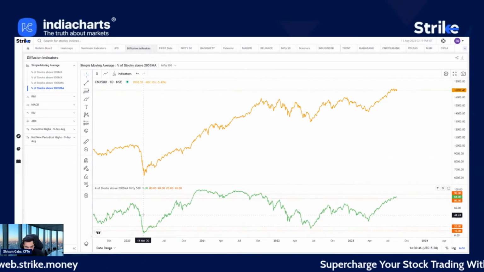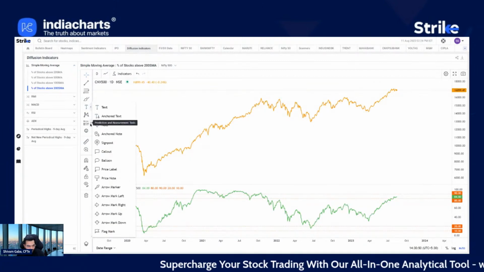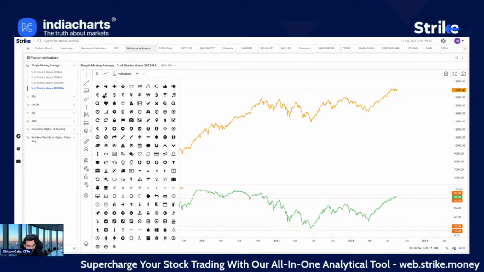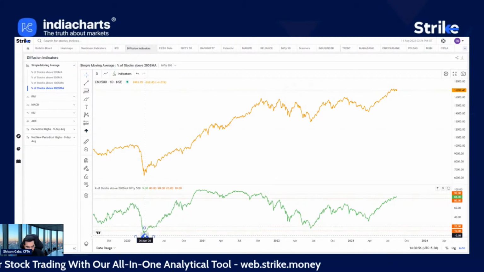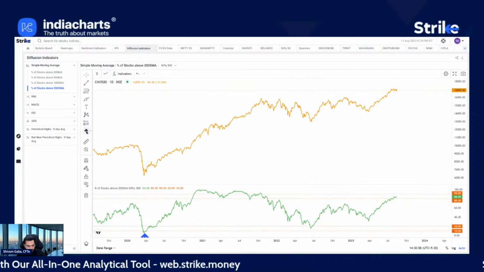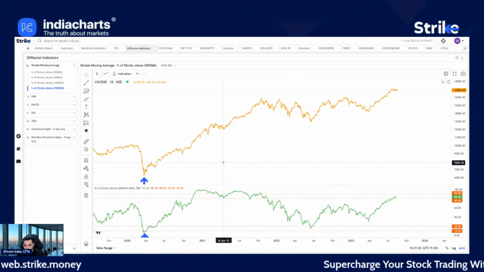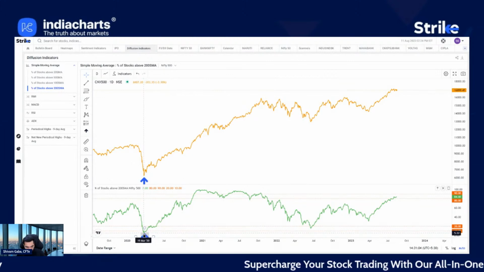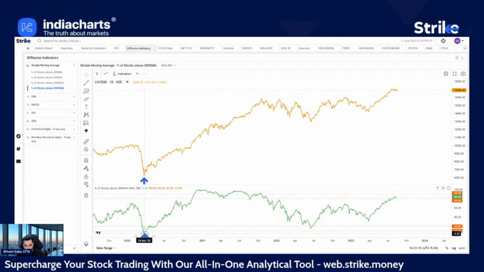So as you can see, if I start studying it from this significant low, let me put an arrow here. Yeah. So this was a significant low, let's say from the COVID lows, and you can see only 6% or 5% of the Nifty stocks were trading above the 200-day average, which is a very oversold reading.